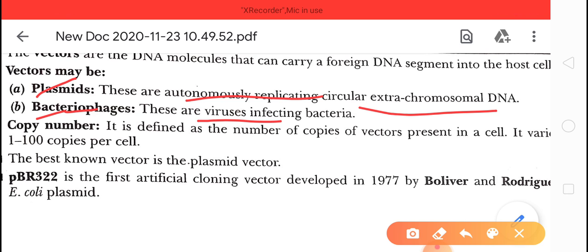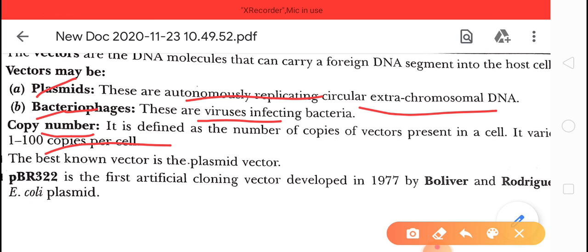Clear, children? The copy number of the vector may vary from cell to cell, it can be 1 or it can be 100. So 1 to 100 copies per cell may be possible.